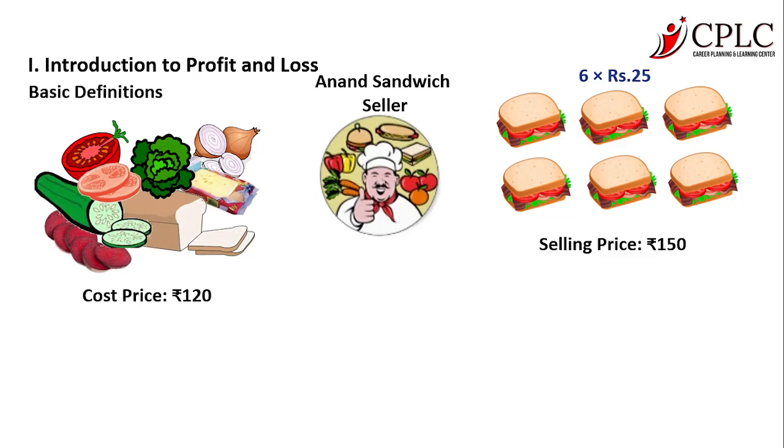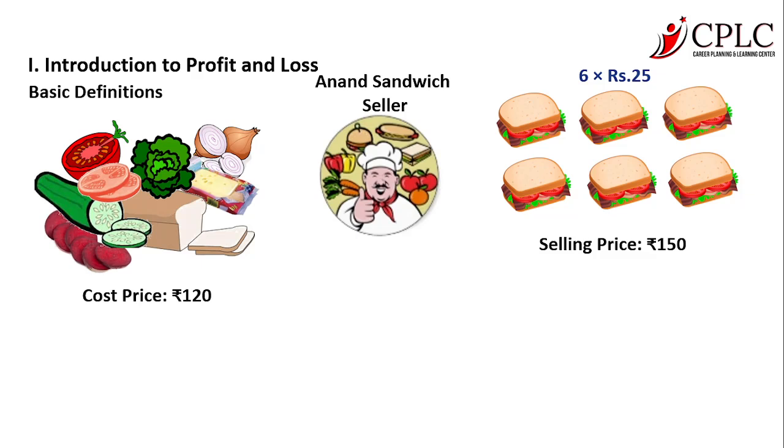So in this case, if you can understand, he has invested 120 rupees to buy the raw material, and using all of that, he got a total selling price of 150 rupees by selling all six sandwiches at 25 rupees per sandwich.